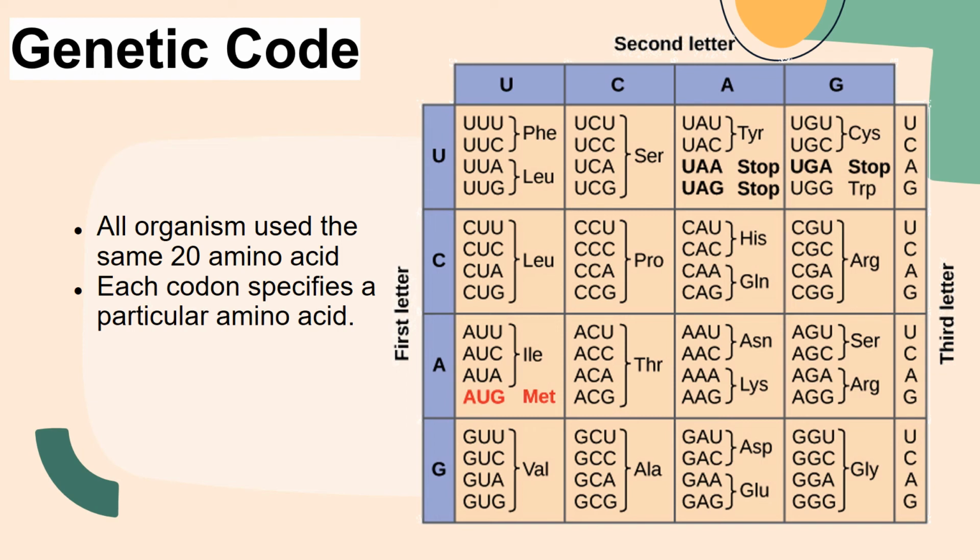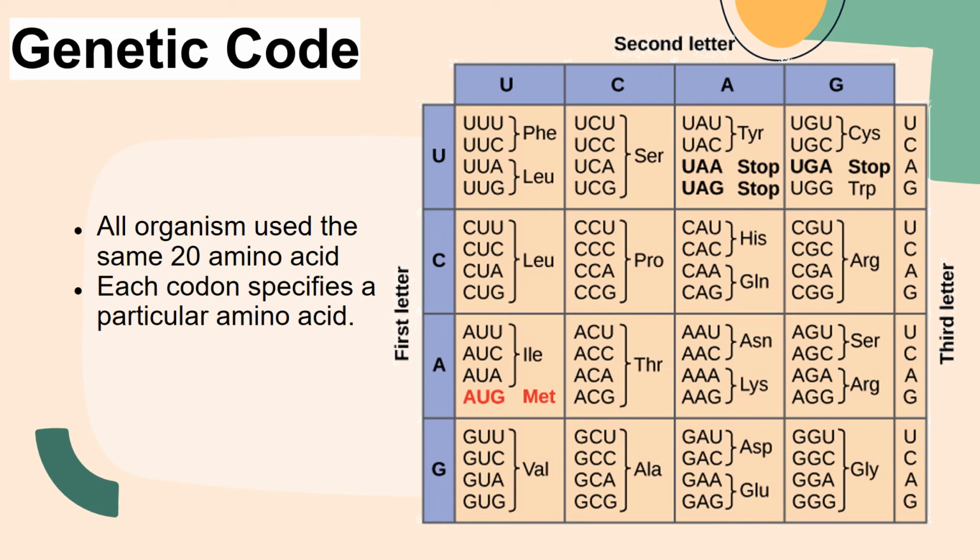One codon, AUG, specifies the amino acid methionine and also acts as a start codon to signal the start of protein construction, while there are three more codons that do not specify amino acids.